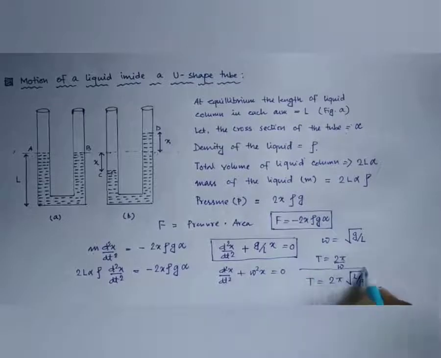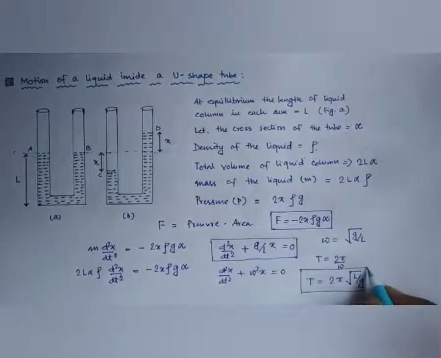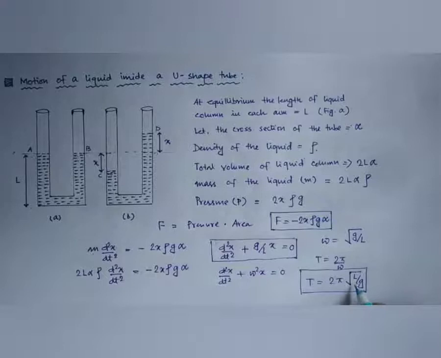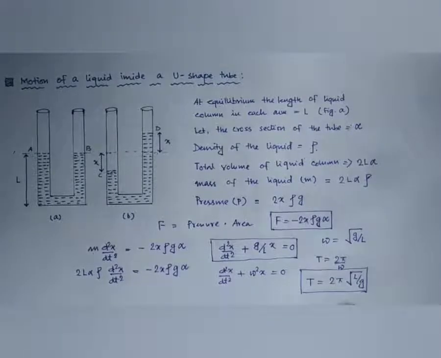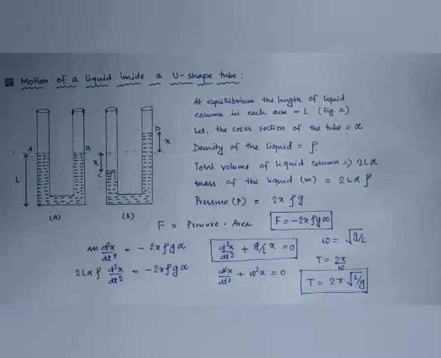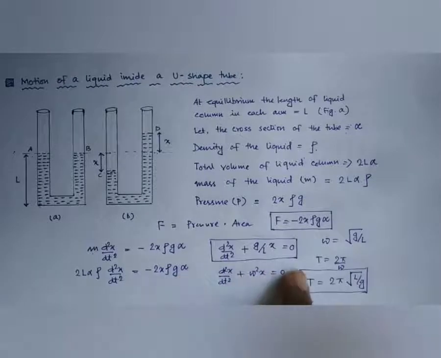Look here, the time period is dependent upon the length of the liquid column at equilibrium and the acceleration due to gravity. It is not dependent upon the density of the liquid. So this is the expression of time period, as the motion is simple harmonic in nature, the motion of a liquid inside a U-shaped tube.